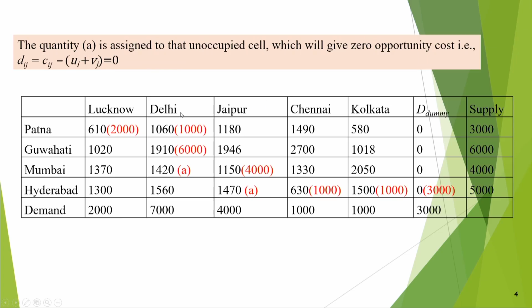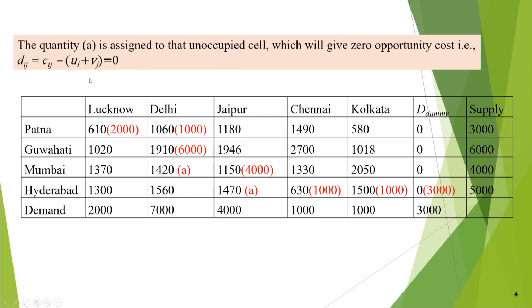So, 4 plus 6, that means total 10 variables, but out of that basically 1 is dependent. So, the independent ones are basically 9, because 9 constraint equations were there. One equation is redundant because of the balanced problem. So, basically we need 9 values, and for that purpose we need 9 equations.